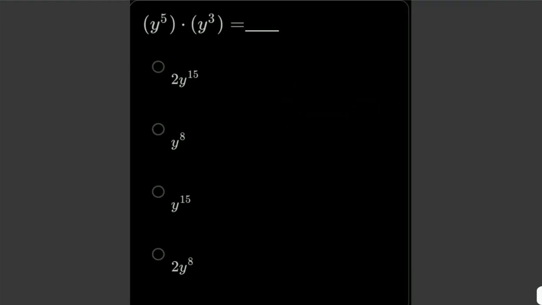Y to the 5th times y cubed. So how do we solve this? Let's recall the law of exponents: when two powers are multiplied using the same base, our bases here are y, so y for the y fifth term and y for the y cubed term, then we just have to add the exponents together.